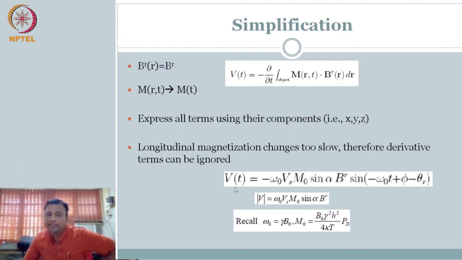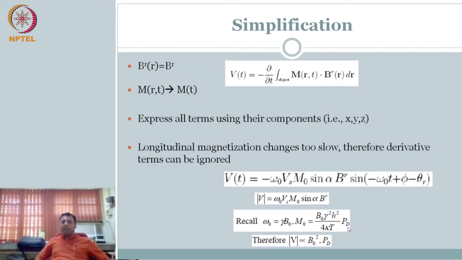So you can see the signal that you are recording is proportional to the square of your B naught and proton density. This is very important. So now you understand, if I go from a half a Tesla machine to a 1 Tesla machine, 1.5 Tesla machine, 3 Tesla machine, the signal inherently is the same.